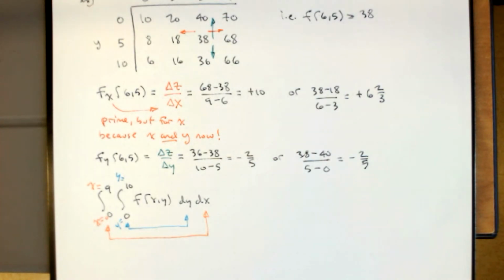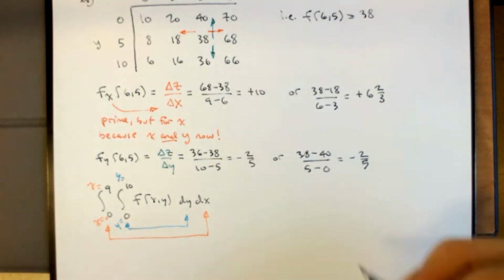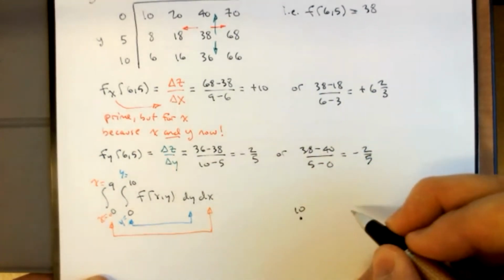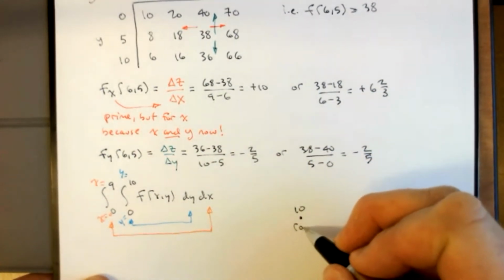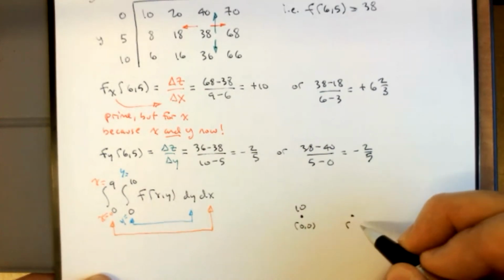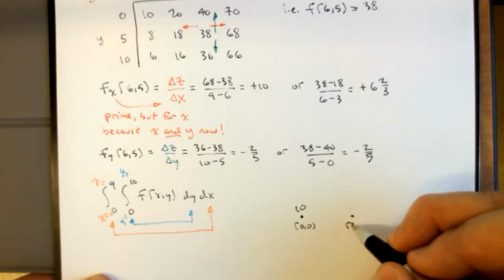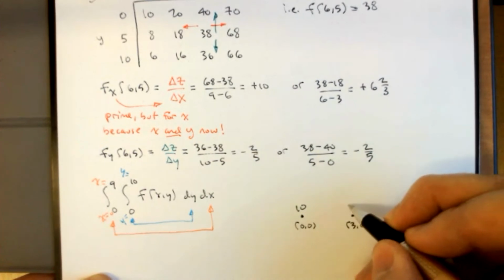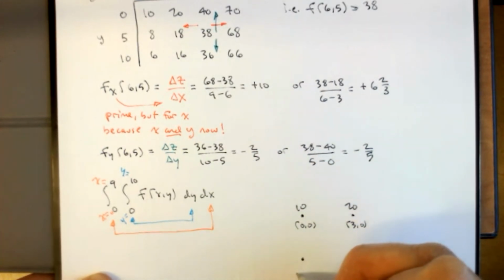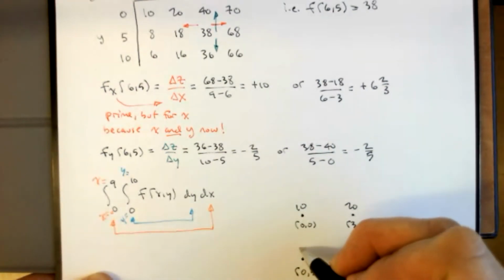We've got the point (0, 0), we've got a 10. We look at a top-down view. At the point (0, 0), we have a 10. At the point (3, 0), we've got a value of 20. At this point down here, let's say when x is 0 and y is 5, we're at 8.